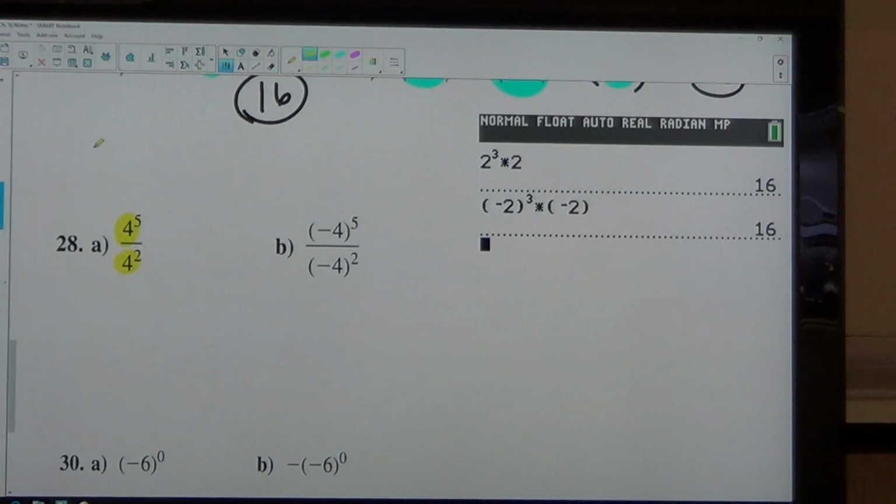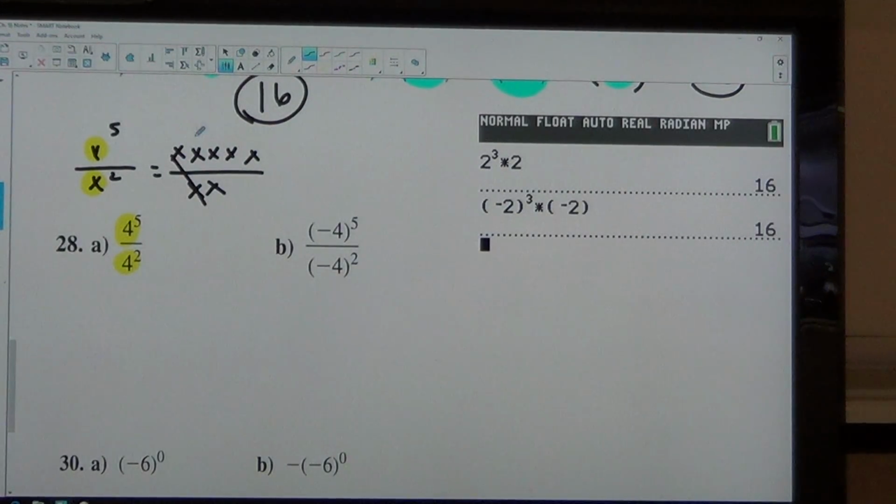So we have, and I'm just going to use x, x to the 5th over x to the 2nd. That means we have 5 x's in the top and 2 x's in the bottom. So how many x's are we left with? 3. So my answer is going to be x to the 3rd, but instead of x, what do we put in place of x? 4. 4 to the 3rd. You with me?